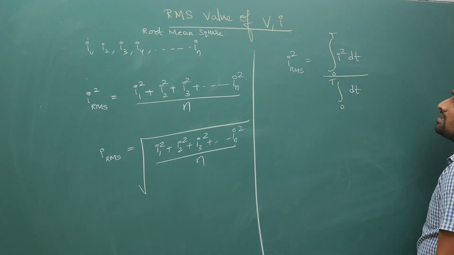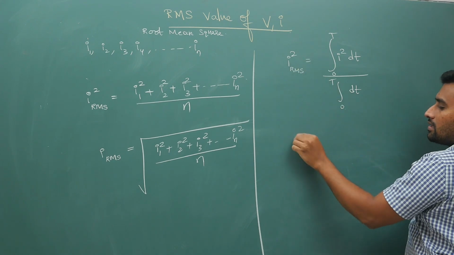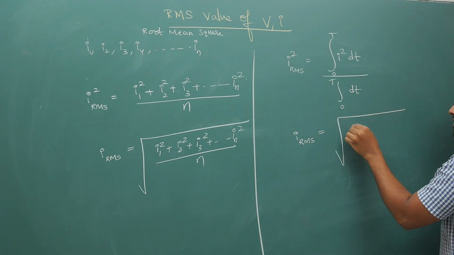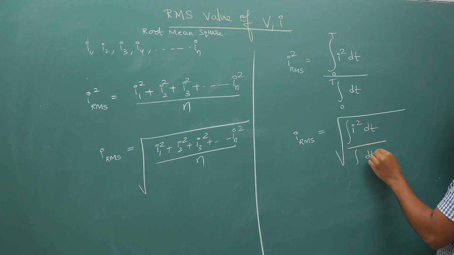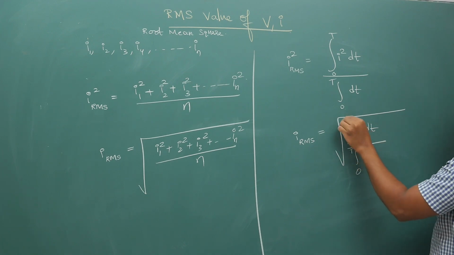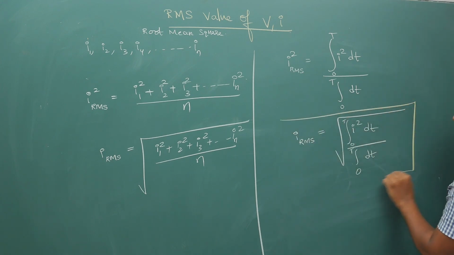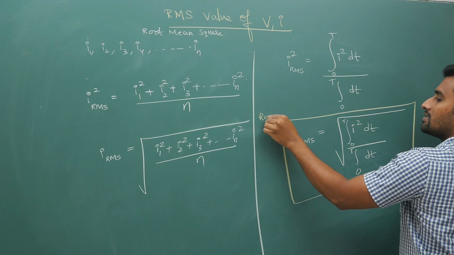People will forget that your I RMS value is the square root of the integral of I square dt by the integral of dt, and for a full cycle it is from 0 to capital T. Remember this result.